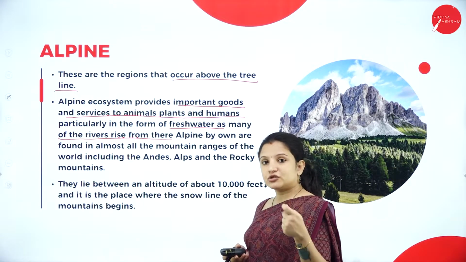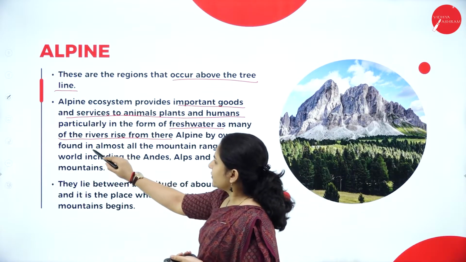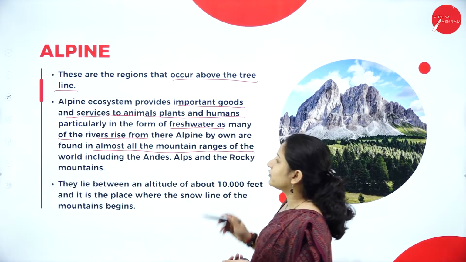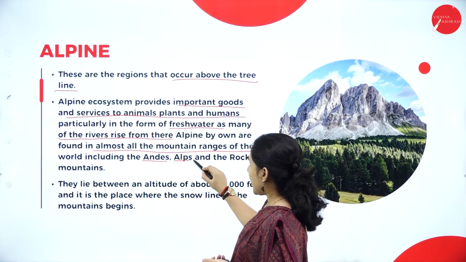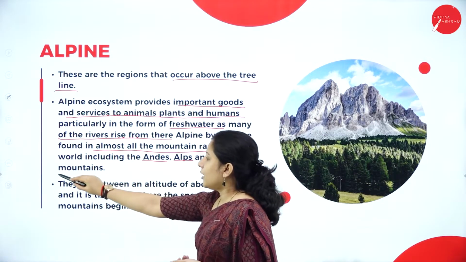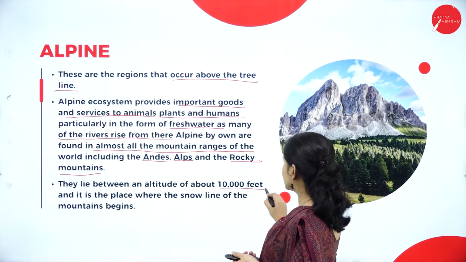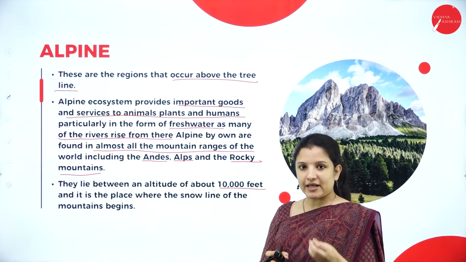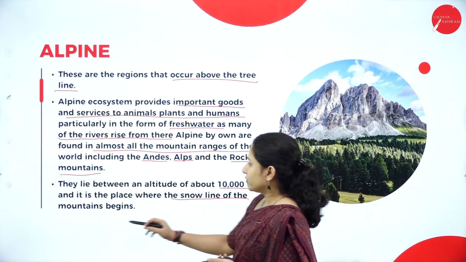So most of the rivers rise from the alpine, and alpine regions are usually found in almost all the mountain ranges of the world, including the Andes, the Alps and the Rocky Mountains, and they lie at an altitude of about 10,000 feet, and it is this place where usually the snow line of the mountain begins.